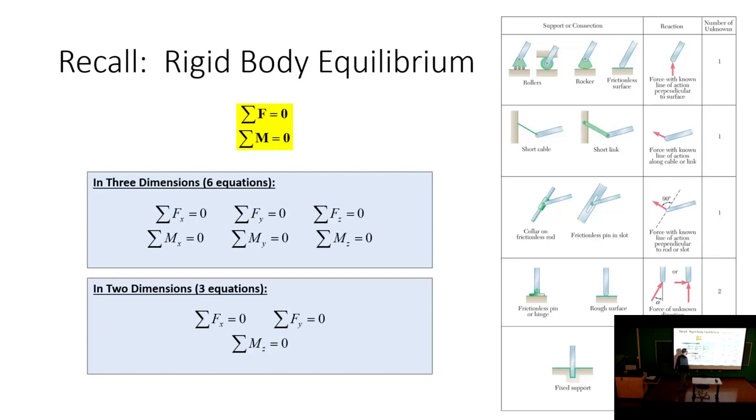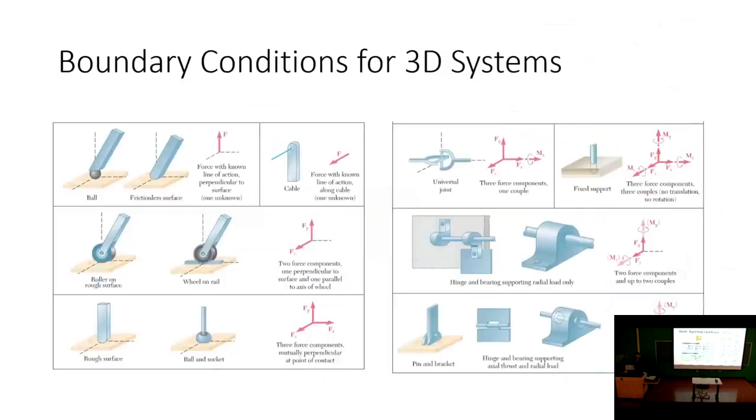Now, I had shown you the boundary conditions in 2 dimensions, and if you remember, if you open your textbook, there's oodles of these things, but really we only concern ourselves with a few of them. Pins, rollers, fixed supports, those tend to address over 90% of the engineering modeling problems that we deal with really on a day-to-day basis. The same thing can be said about 3 dimensions.